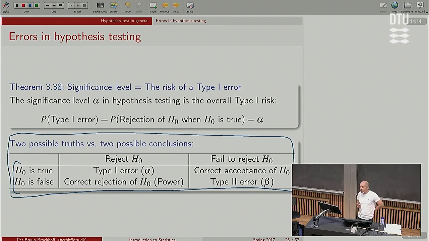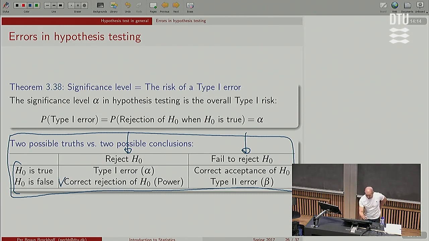We have to make a decision about what we believe in. So we can choose either to believe in the alternative, that means reject the null, or not reject the null, sometimes called acceptance. Then this is a 2-by-2 table of situations. Either we made a correct rejection, or a correct non-rejection, or we made a mistake of one of the two kinds.